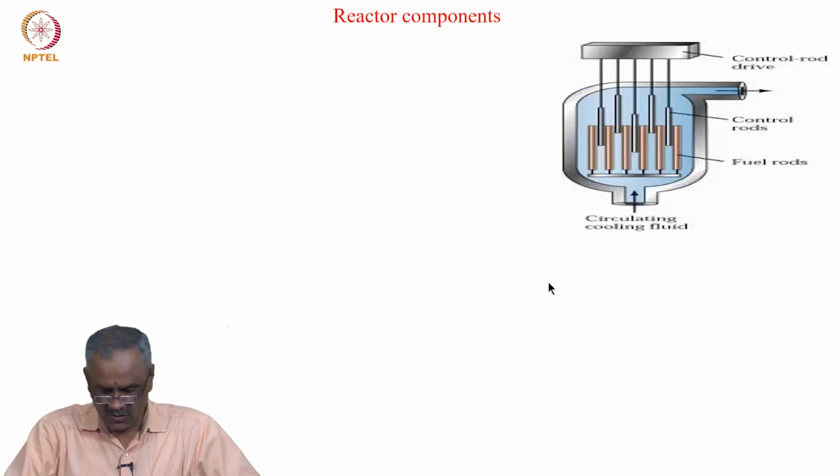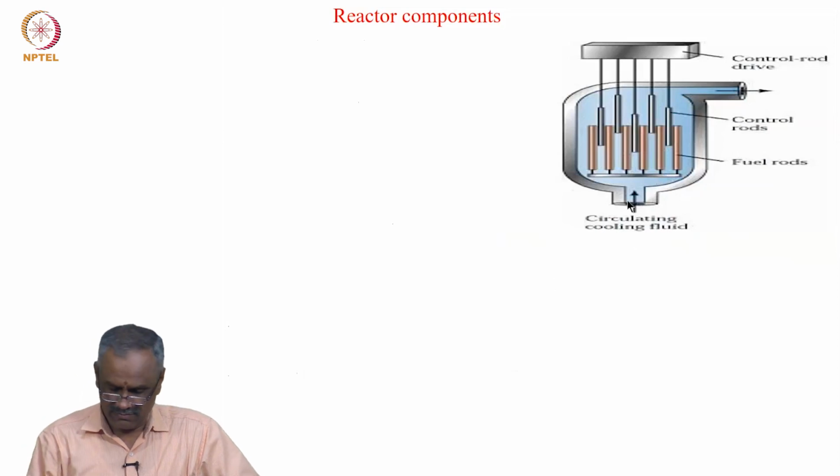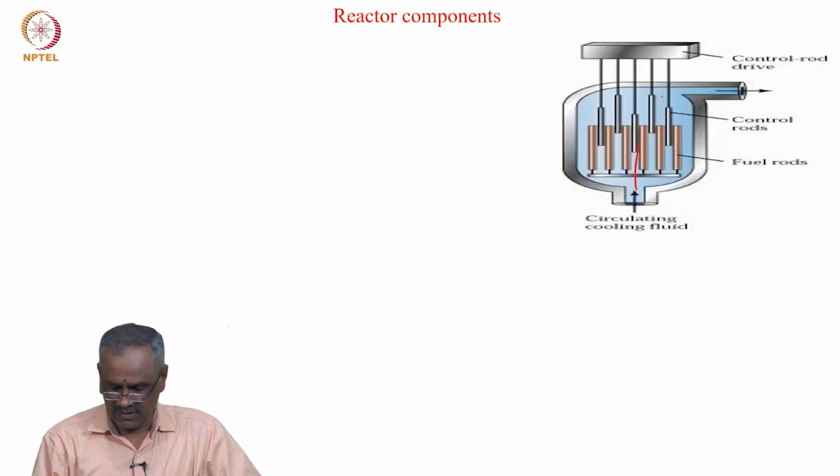So typically the nuclear reactor looks like this. Here it is a reactor filled with fuel rods or bundles. Then the circulating fluid is sent through that. Whatever heat is generated by the nuclear reaction is carried away by this fluid.